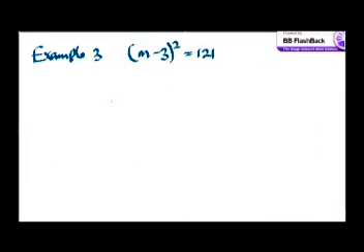Here we are having example 3 as m minus 3 all in bracket raised to power 2, that's a perfect square, is equal to 121.